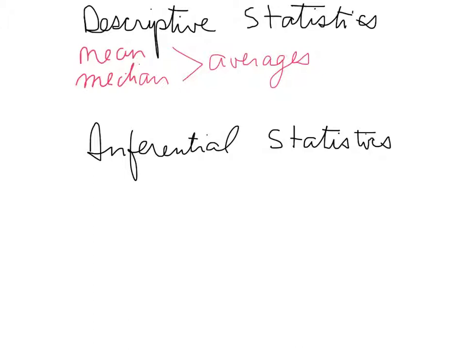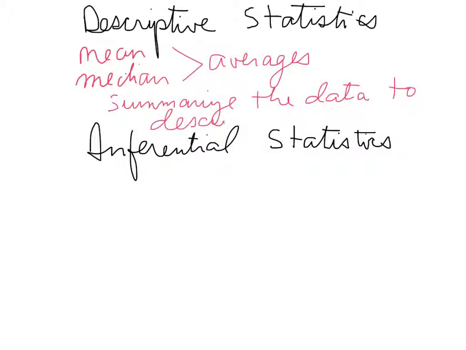We collected data from a population and from a set of individuals, and we then summarize that data to describe. So we're going to summarize the data to describe something about the population. Versus inferential statistics, where we've gathered data from a sample, and we're going to use that data to project something or infer something to the population.